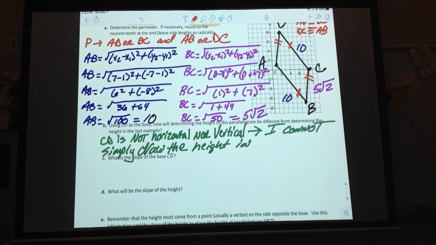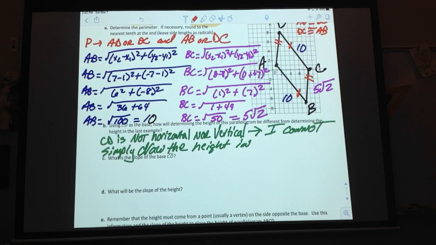Since CD is slanted, not horizontal nor vertical, I must draw the height from A to DC, but it can't simply be a vertical line. So I'm going to have to find the slope of CD.